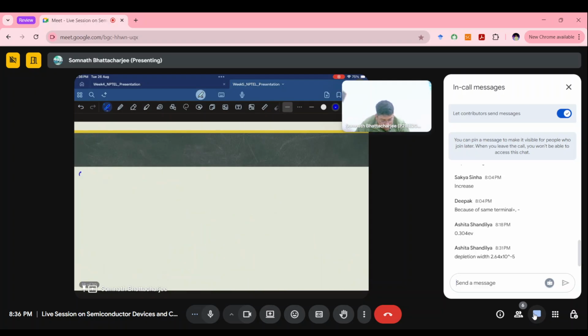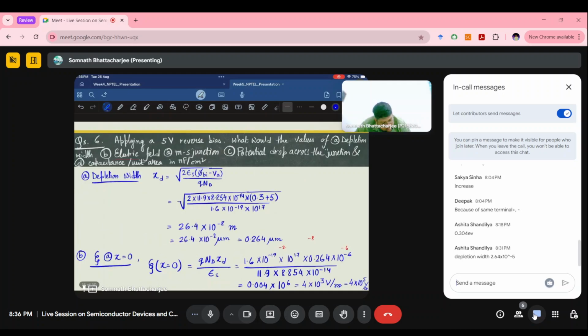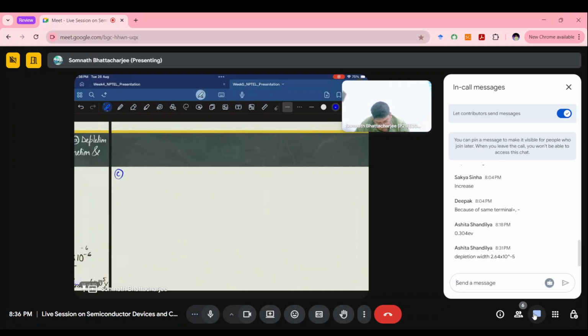Now the C part was potential drop. So built-in potential, or sorry, psi BI was found to be 0.3 volts, nearly 0.3 volts.